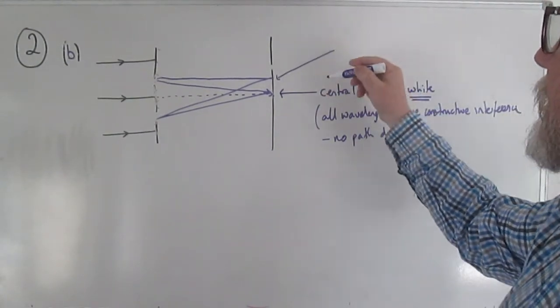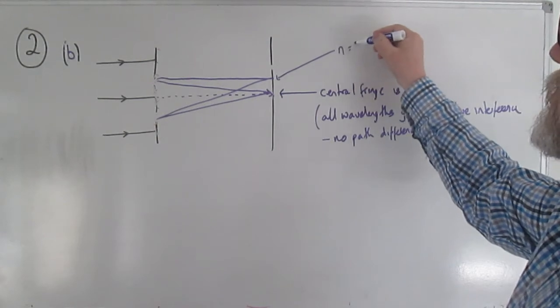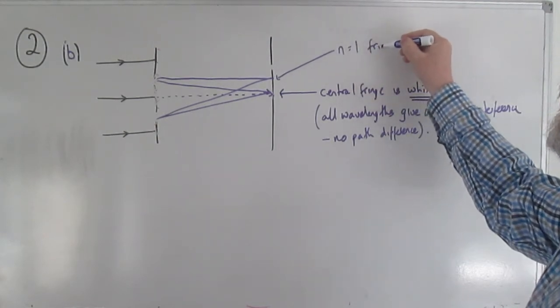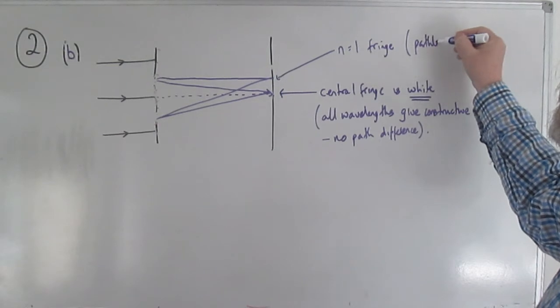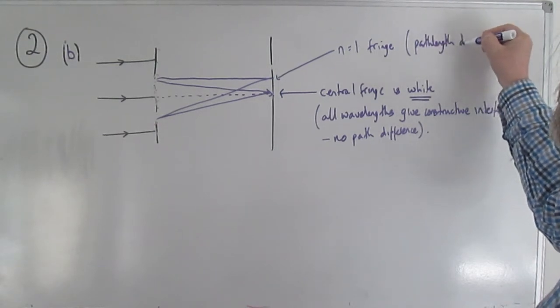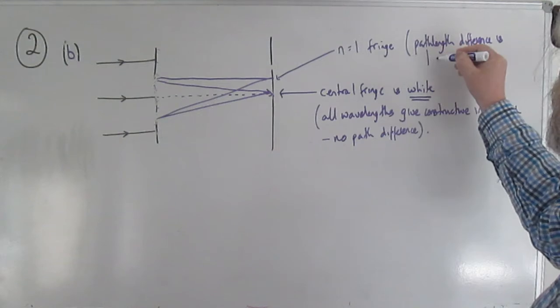So this is the n equals 1 fringe, and the path length difference is one wavelength.